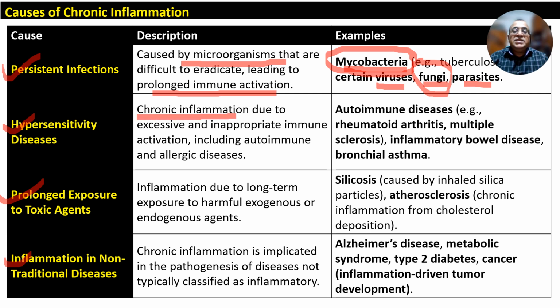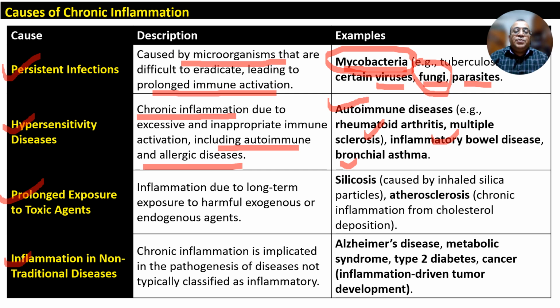There is excessive and inappropriate immune activation, including autoimmune and allergic diseases. Examples of these are rheumatoid arthritis, multiple sclerosis, inflammatory bowel disease, and bronchial asthma.